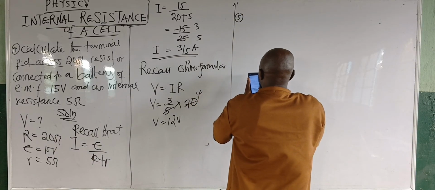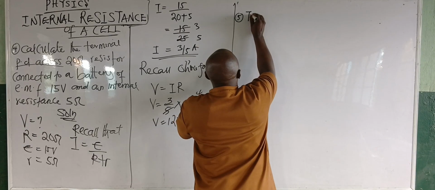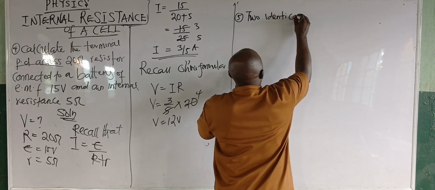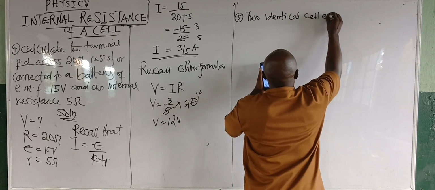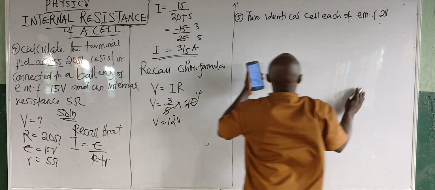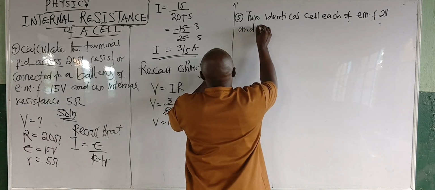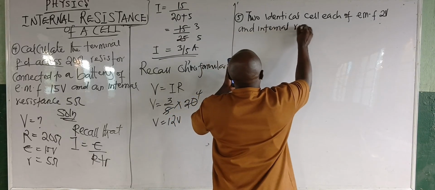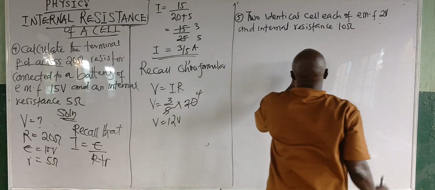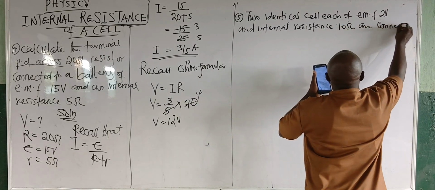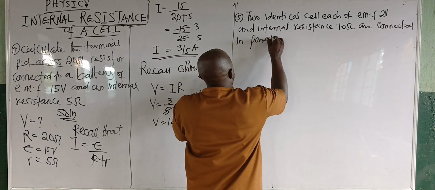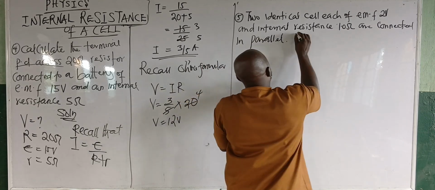Number 5 question here. We are told that two identical cells, each of EMF 2 volts and internal resistance 1.0 ohms, are connected in parallel.